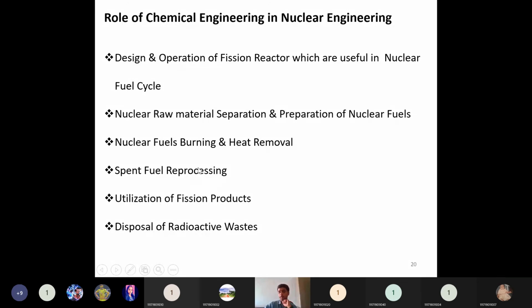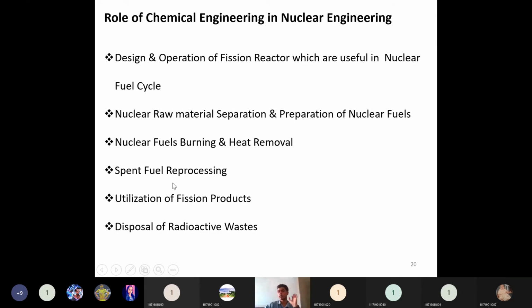And spent fuel reprocessing: after the fuel has been spent, whatever the byproducts, whatever the radioactive metals, whatever the waste has been formed, in every process the chemical engineer has to play a major role in spent fuel reprocessing, and also in the utilization of fission products like isotopes of iodine, cesium, strontium, xenon, barium.